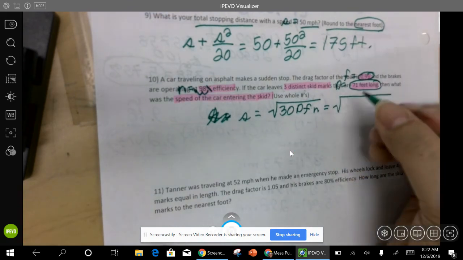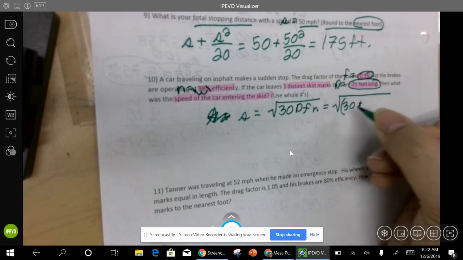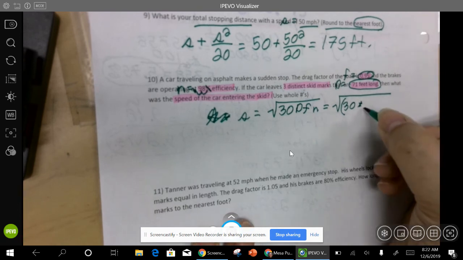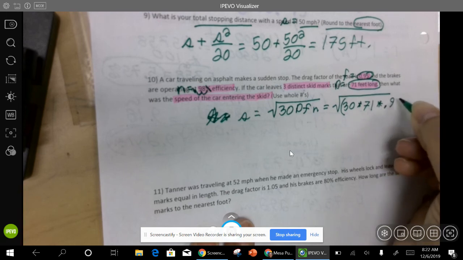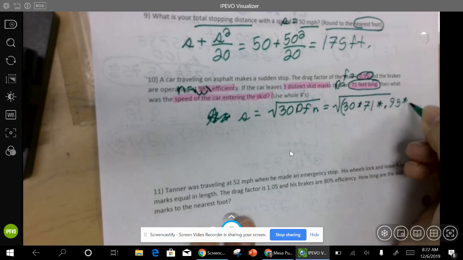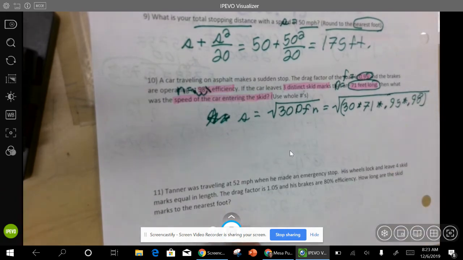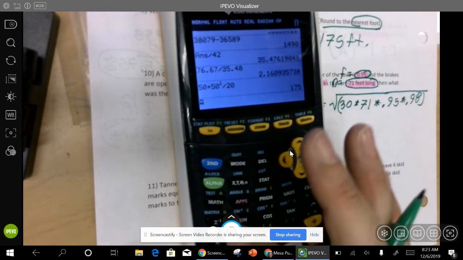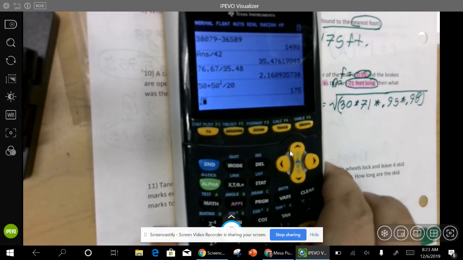Remember, it's the square root key. So do parentheses: 30 times 71 times 0.95 times 0.98. Then we're going to do the square root. Everybody on the calculator, remember it's second and the x squared, and that's for both calculators, yellow ones as well.